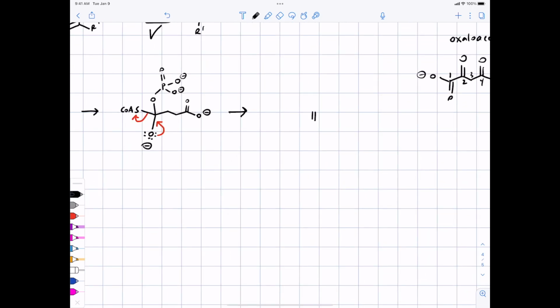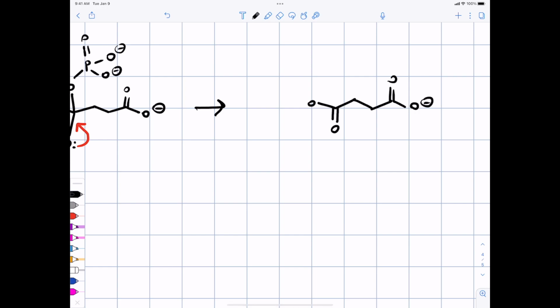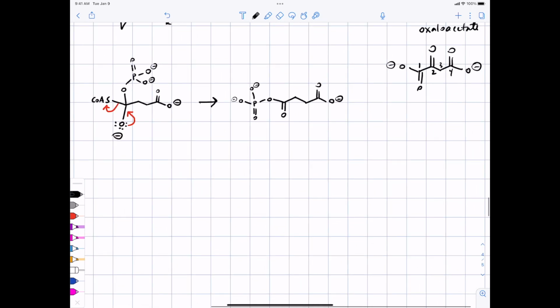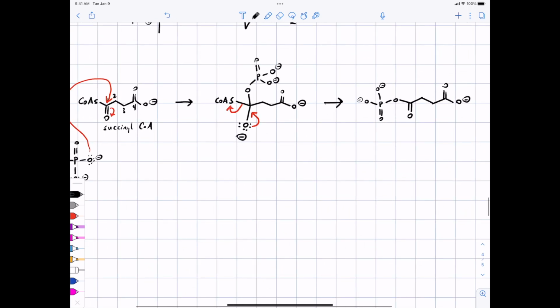And the intermediate that we make now looks like this. We went from something that was a thioester bond to something that's a similarly high in energy phosphoanhydride.